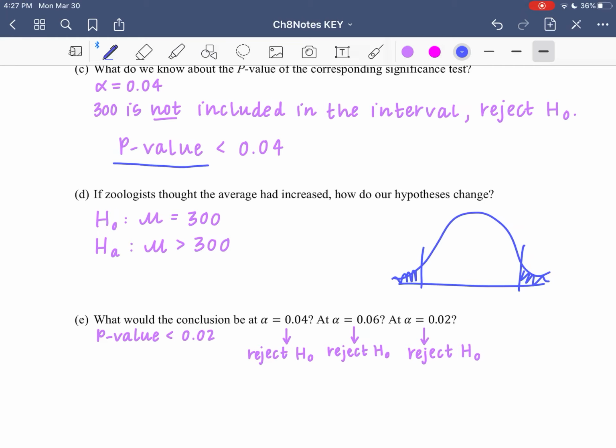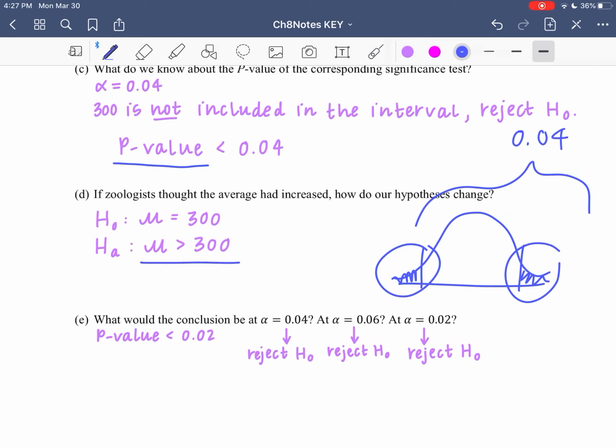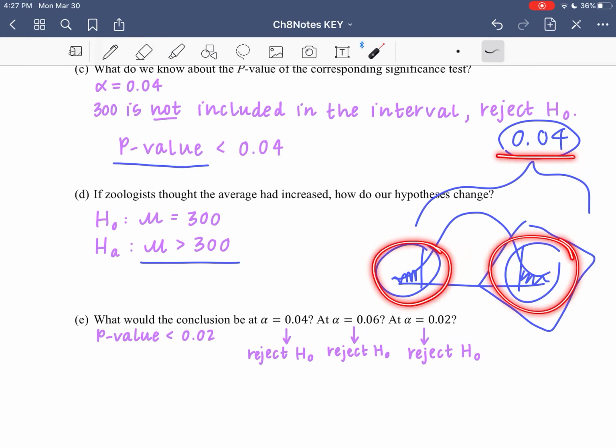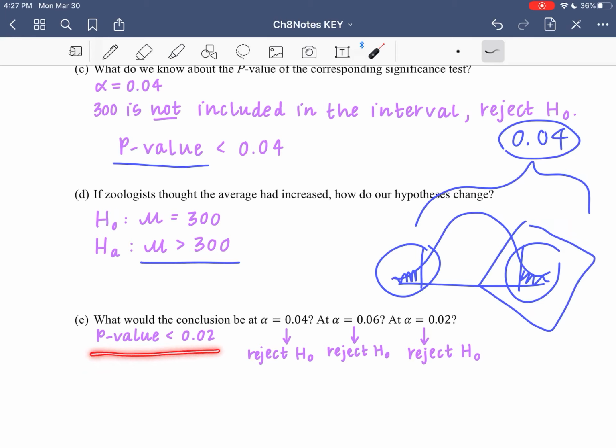So if we know that the area of both tails added together is less than 0.04, once we make this into a one-sided test, that means that this area here has to be less than half of that amount, because this is now a one-sided test. These two tails together have to be less than 0.04, so one of these tails has to be less than 0.02, half of that 0.04. So that's how we're getting this first one here.